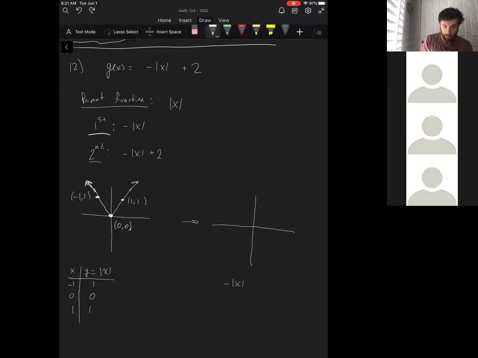So let's start with the point 0, 0. The y value is 0. If we multiply that by minus 1, it doesn't change, so it still stays at 0. The point on the left, minus 1, 1: if we take the y value of 1 and multiply it by minus 1, it turns into minus 1. So that point is going to come down here as minus 1, minus 1, because again, the x value doesn't change. The x value stays minus 1. All we do is multiply the y value by minus 1.